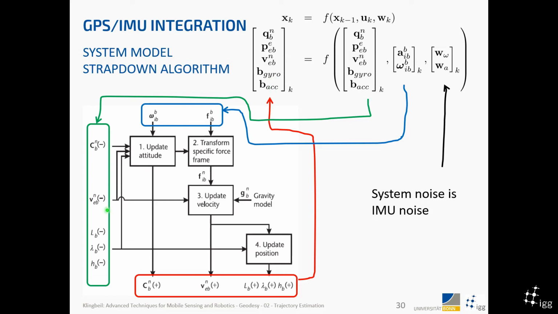So this here is the old state, right, which is here, and then we have the inertial sensor readings, which is here, and we have then the uncertainty of the inertial sensor readings, and the output then is this new state, which is shown here, right? So this is how we use the strap-down integration that we've seen before as part of the Kalman filter that we've also seen before.